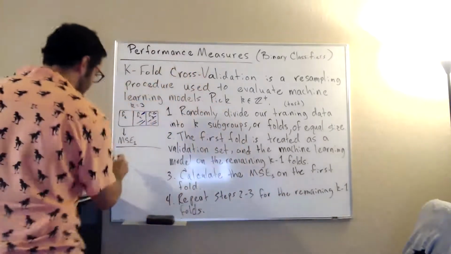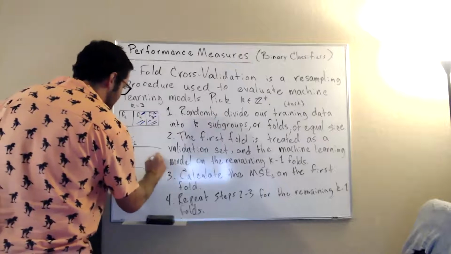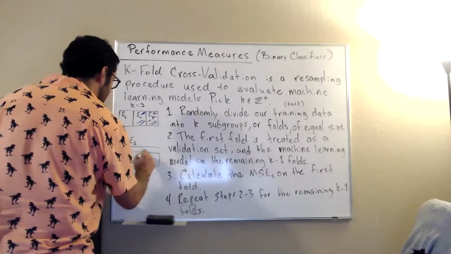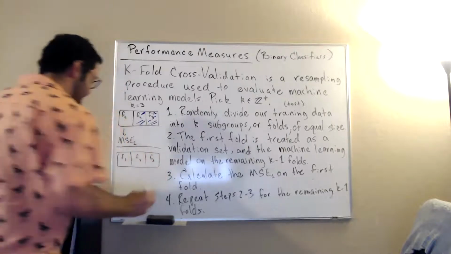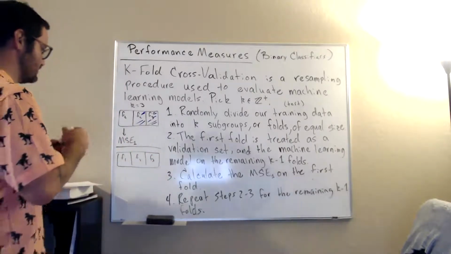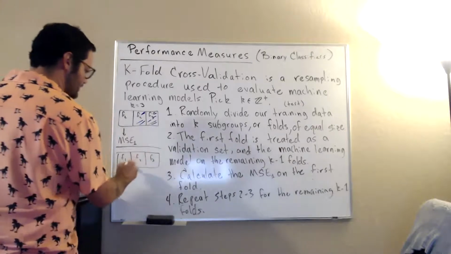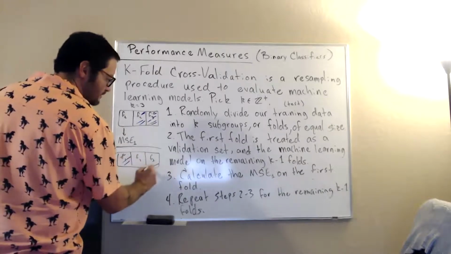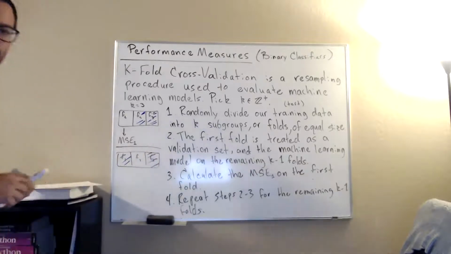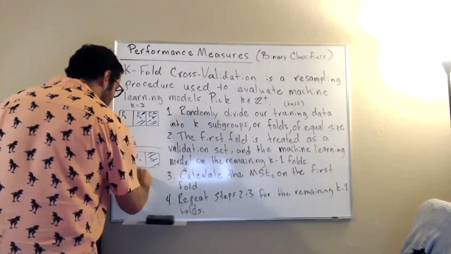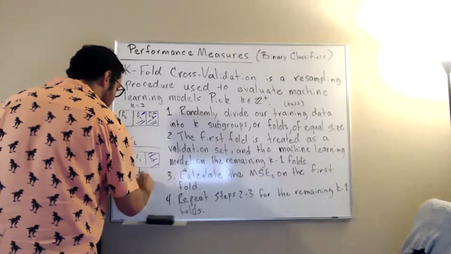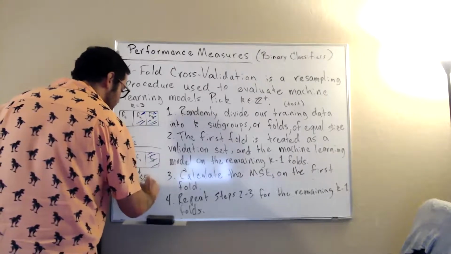So if k was 3 here, with F1, F2, F3, next we would exclude fold 2 and train our model using folds 1 and 3, and then we would calculate the mean squared error for fold 2.